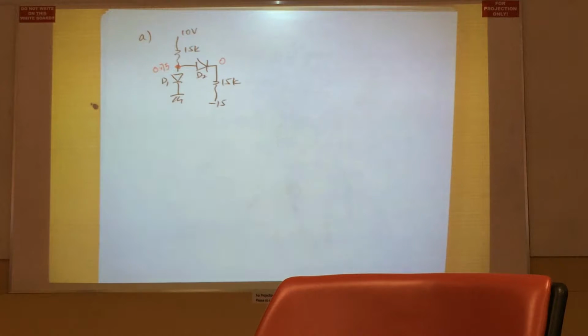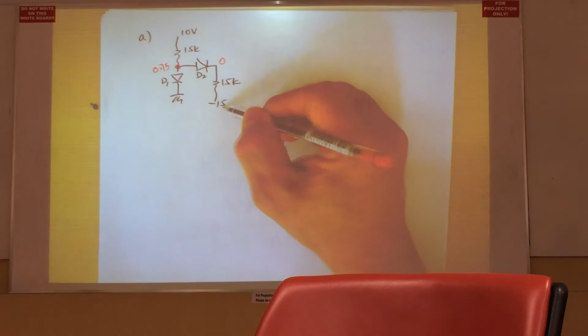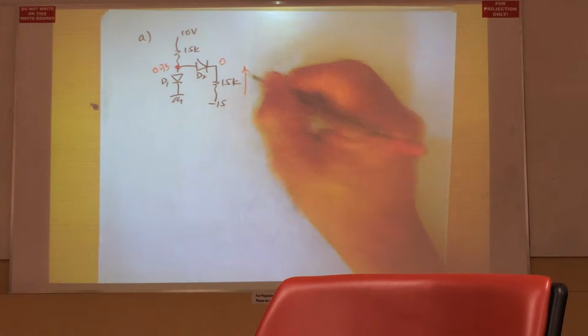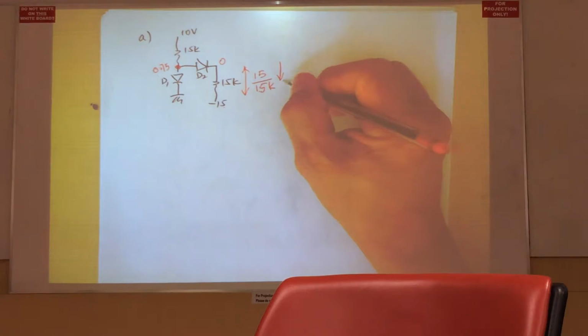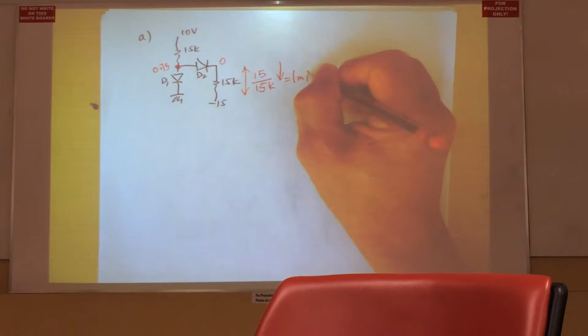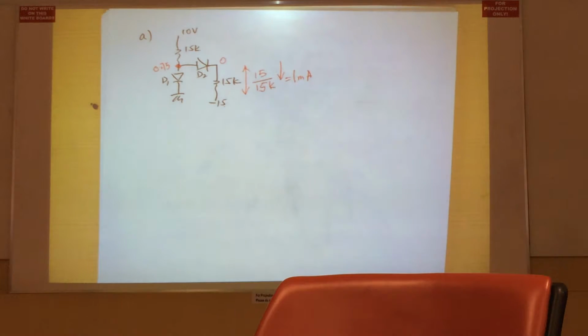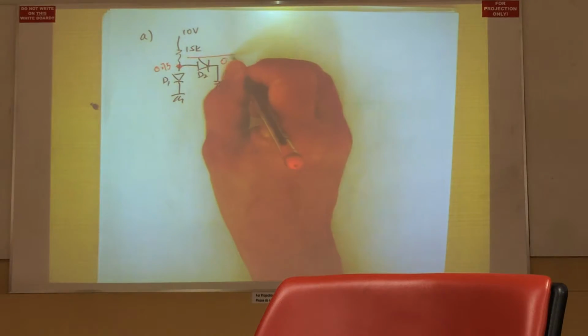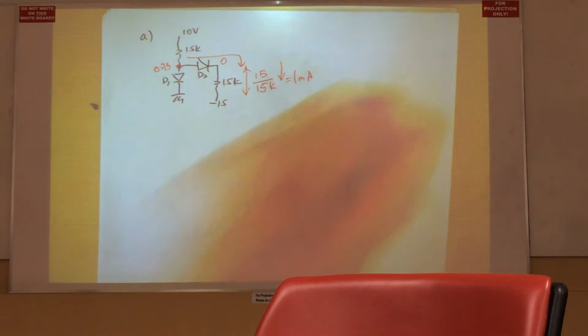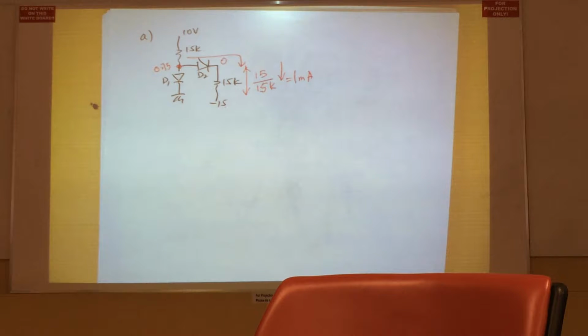So if this point is 0 volt, this is minus 15, you have a voltage drop across the 15K of 15 volt divided by 15K, you get the current flowing in this direction, and this current is 1 milliampere. Correct? You get 1 milliampere flowing from D2 towards the negative supply minus 15. And when the current flows in this direction, it flows from anode to cathode. So therefore, it is forward bias for D2.